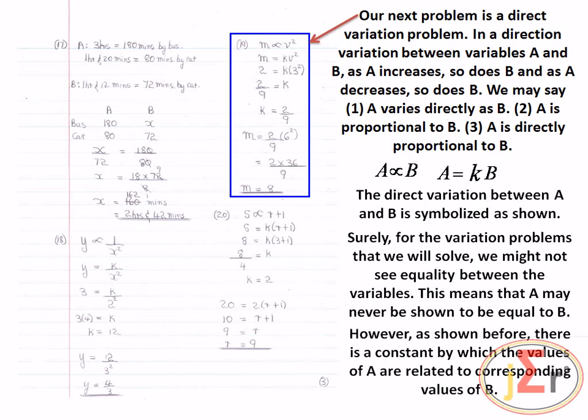We can have equality because we can show that there is a constant by which the value of A is related to the corresponding value of B, and that constant is what guarantees or assures equality.